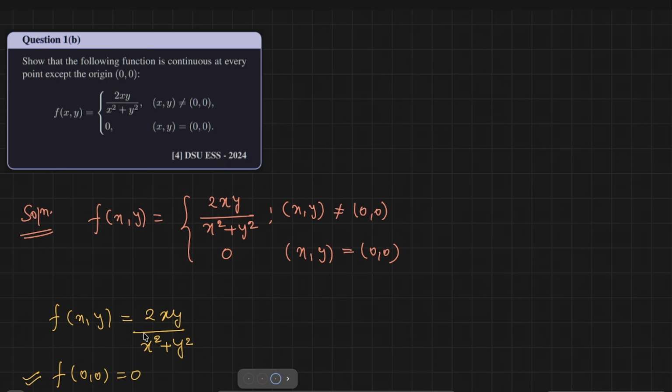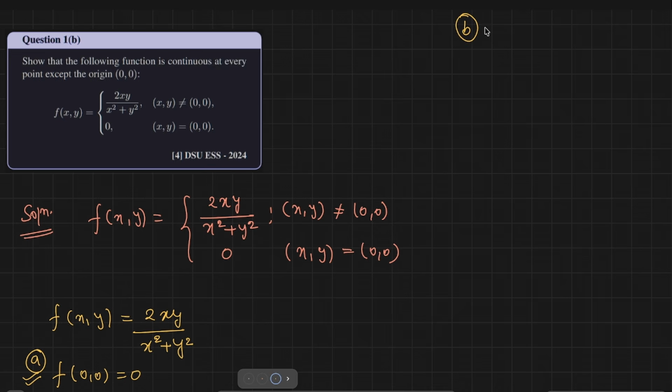Okay, and if I apply the limit here, then I have to check the path test. But the thing is, see here, both are ratios of polynomials. In this case, the denominator should be non-zero, or you can check with the continuity. Okay, so point number 1 is this, point number 2 is this.